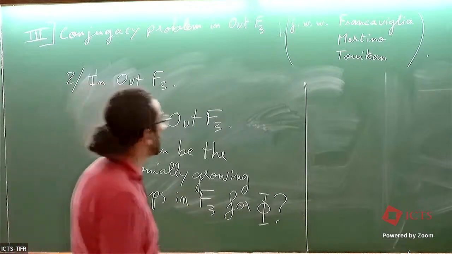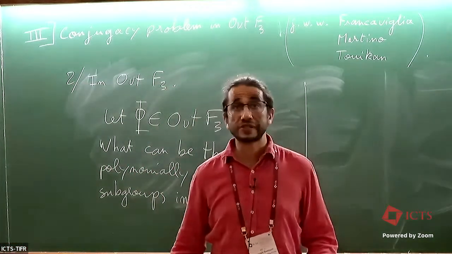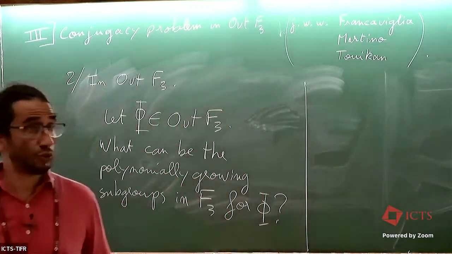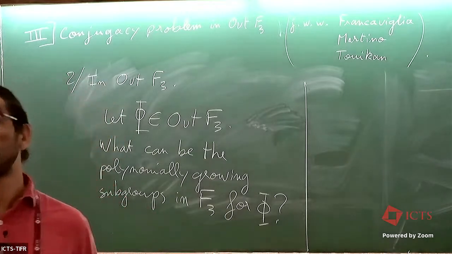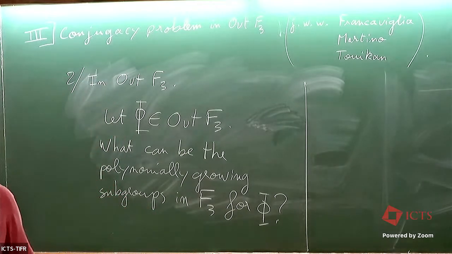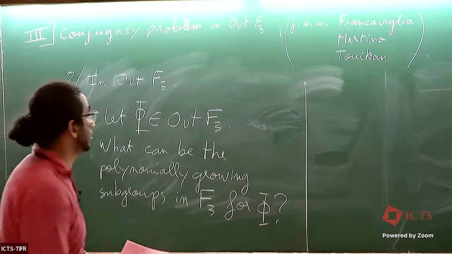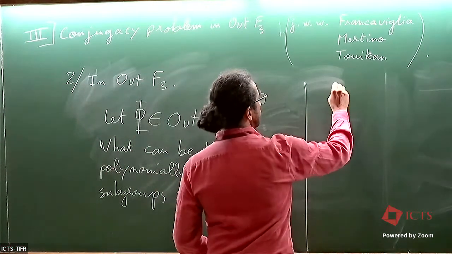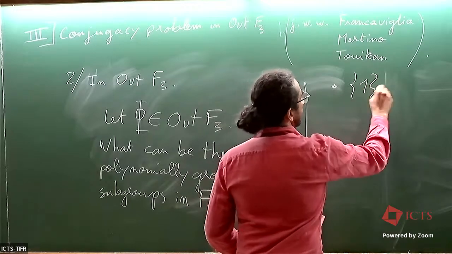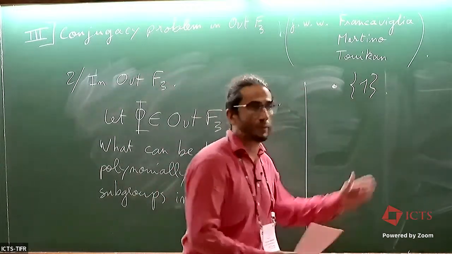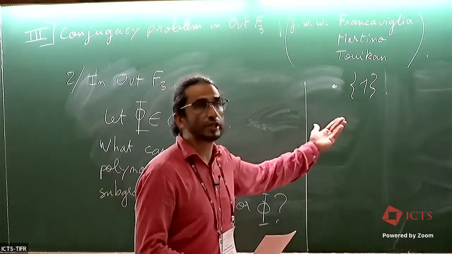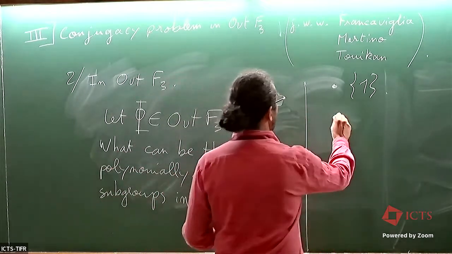So again, I will use that the sum of their rank is less than 3. And if it is equal to 3, actually the whole group is polynomially growing. So first possibility, only the trivial group. This will happen. This will even be generic in that case.